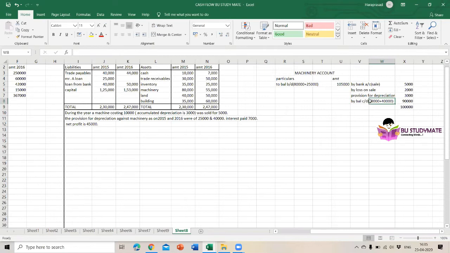And we are left with 5,000 rupees. So that amount is in the machinery. No, sorry. In the machinery it is 55,000. Now this is tallied.